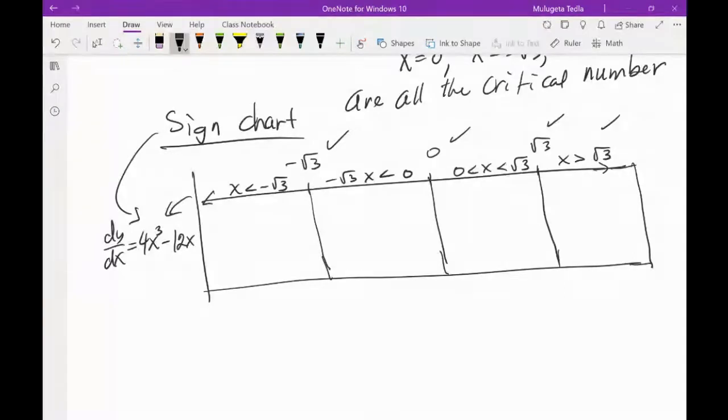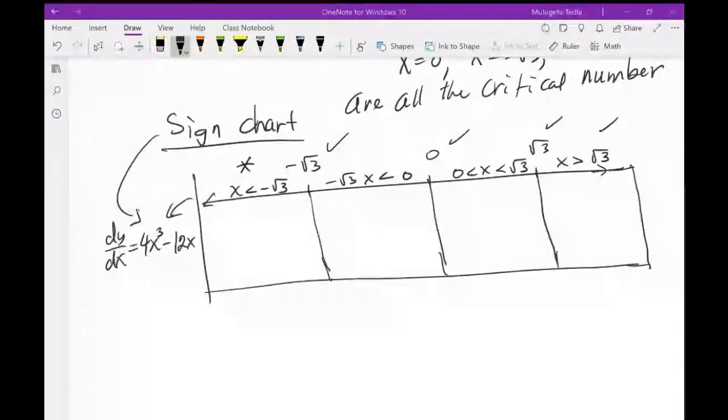Can you give me a number less than negative root 3? Any easy number which is less than negative root 3 as a sample for this group. Okay, Arthur, I like Arthur's. Negative 2 is easier than negative 5, especially for me when I'm struggling with my numbers.